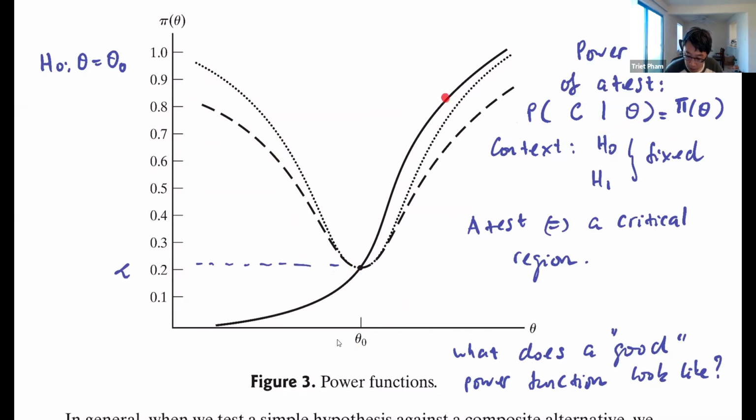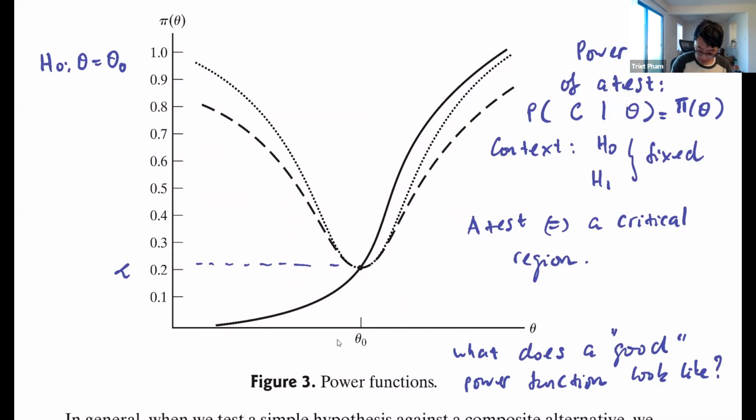Why do these three curves all cross at the same point? Yes, all tests must have size alpha. Remember our convention: the test has to have size alpha, isn't it?